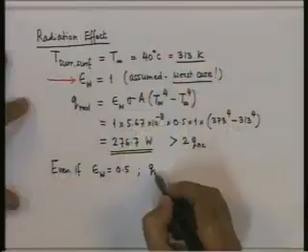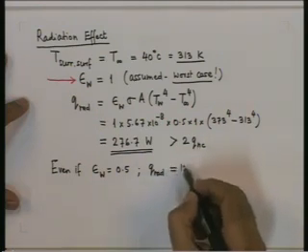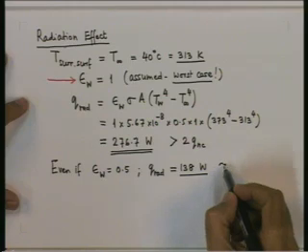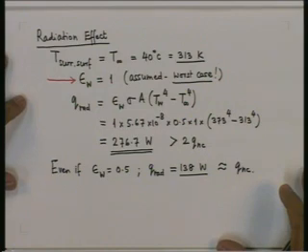But a typical surface, metallic surface, non-polished, oxidized, a general surface which we come across, which has not been treated, would typically have an emissivity of around 0.5, half of this. So even if the wall emissivity is 0.5, you will notice that the heat transfer by radiation will be around 138 watt, which would still be of the order of the heat transfer by natural convection.